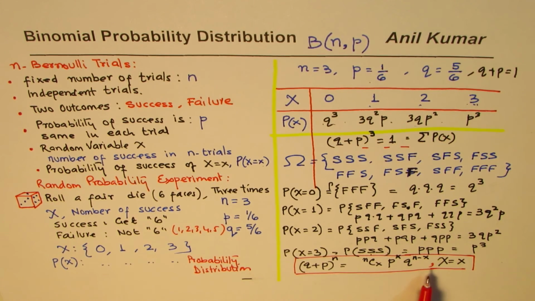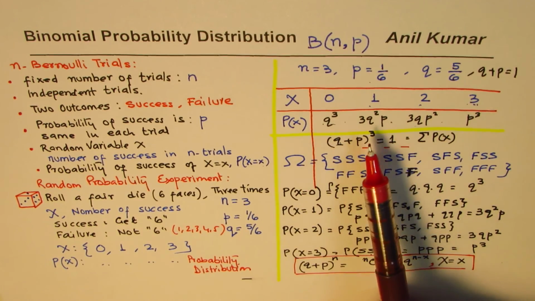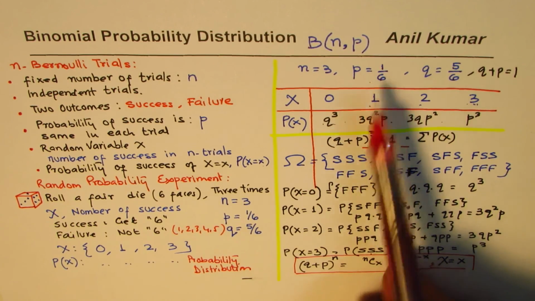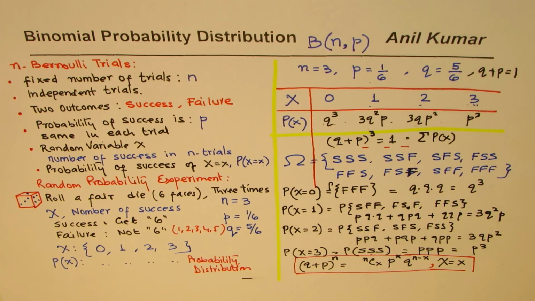We'll take up a proof of this later, but I hope that is absolutely clear, right? So now you can actually calculate these values, substituting p as 1 over 6, q as 5 over 6. So you'll get your values, and then you will have numbers to plot the binomial distributions, right? At present I'm leaving it here without calculating those values, but you can do that on your own.